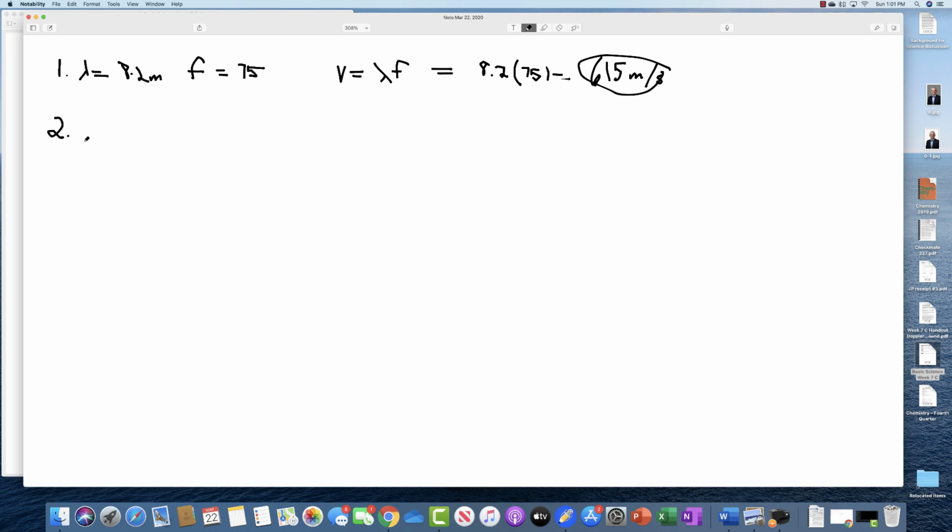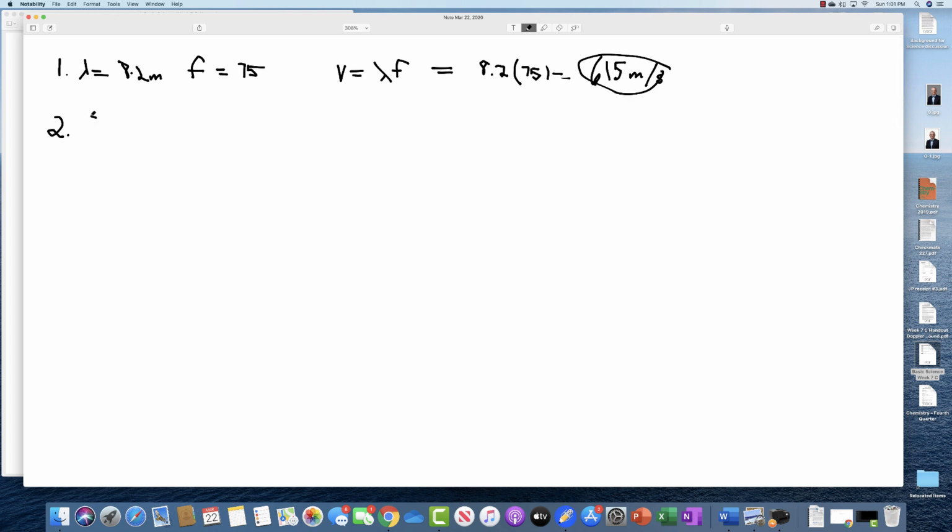The second problem states the following: what is the wavelength of radio waves that have a frequency of 530 kilohertz, that is 5.3 times 10 to the 5th hertz, and a speed through air of 3 times 10 to the 8th meters per second? So 3 times 10 to the 8th meters per second is the speed of light.